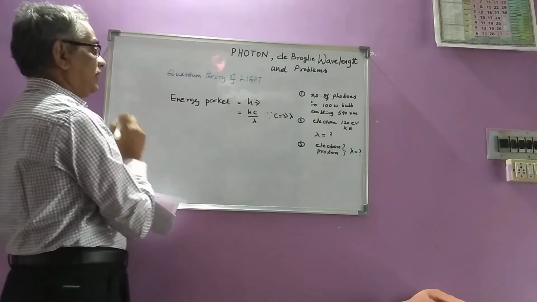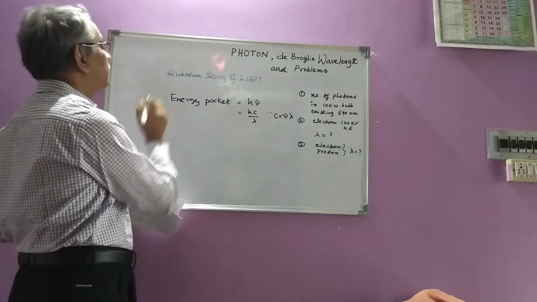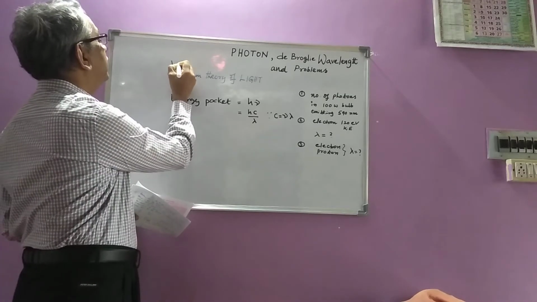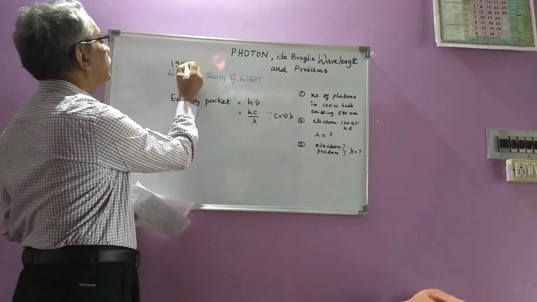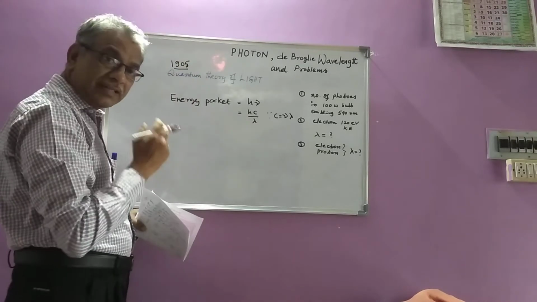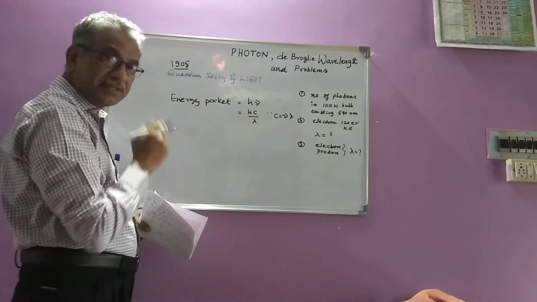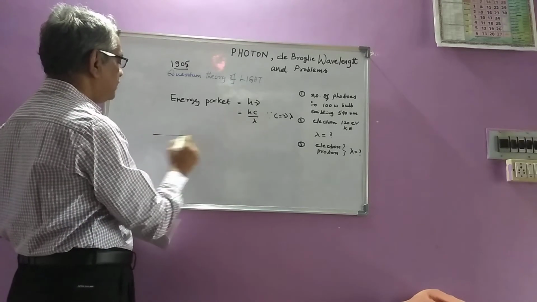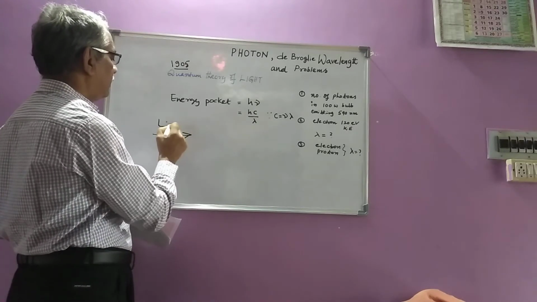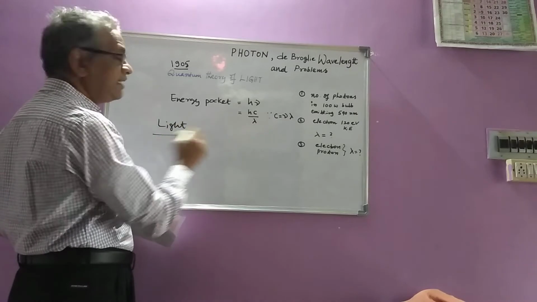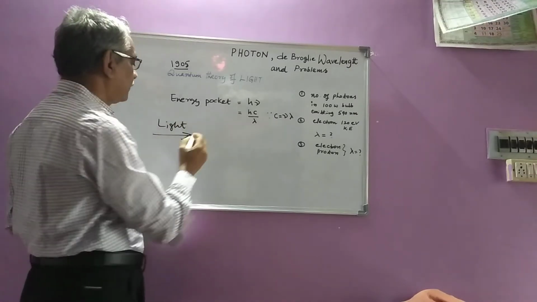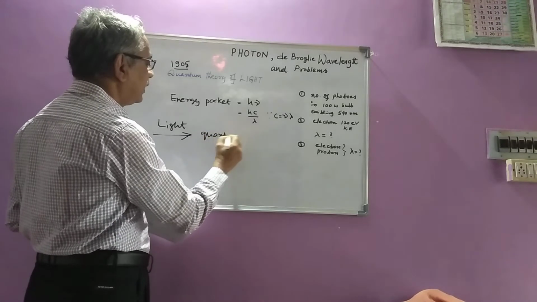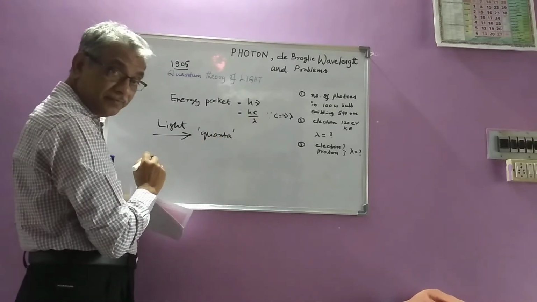This concept was given by Albert Einstein in 1905 when he was explaining photoelectric effect. He said, if there is a light ray and this light ray consists of quanta of energy.